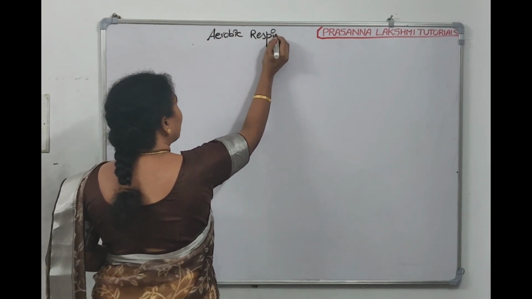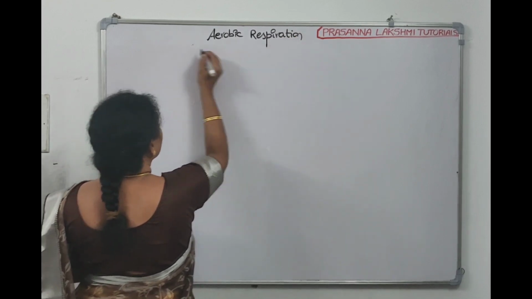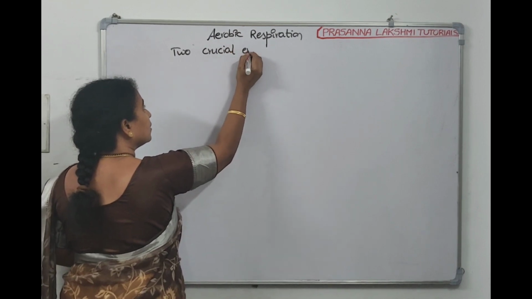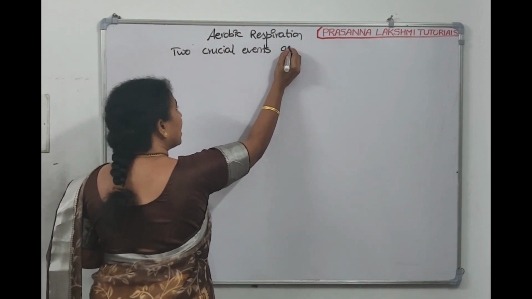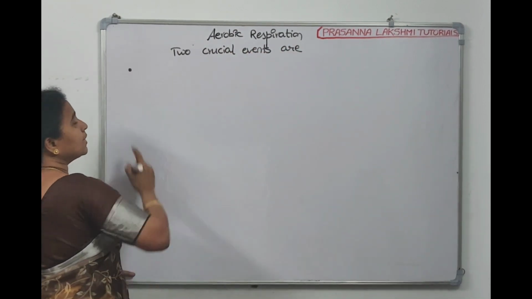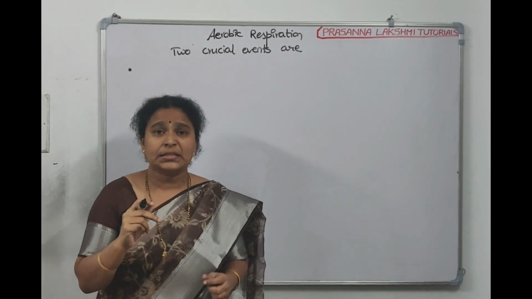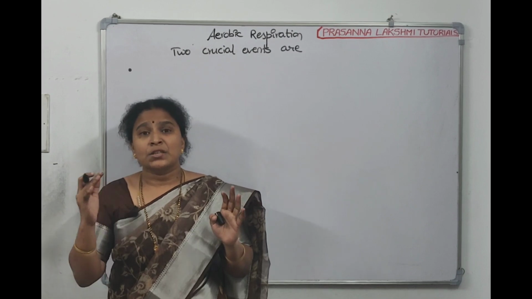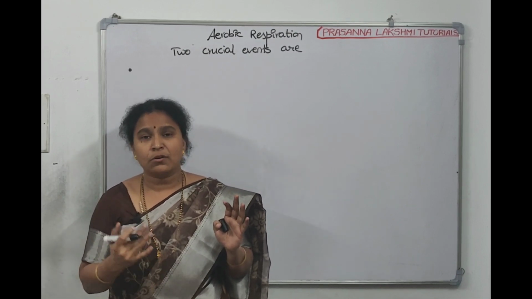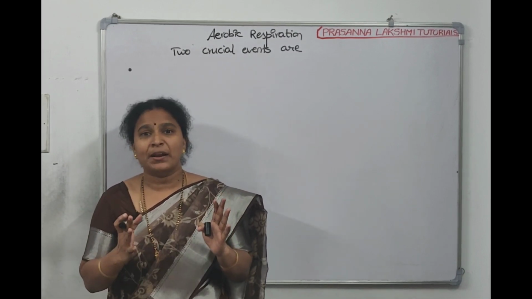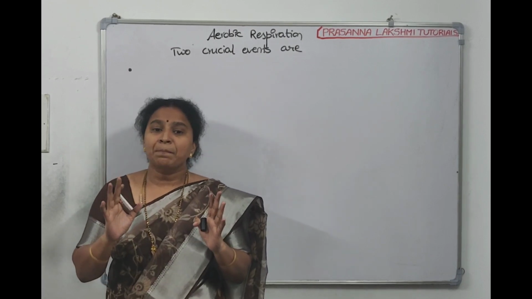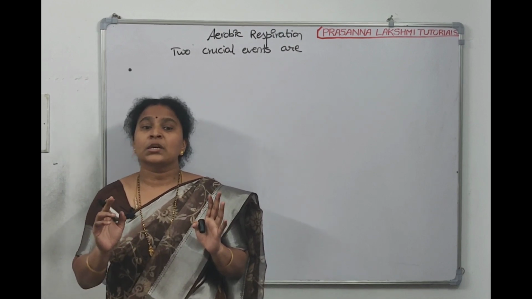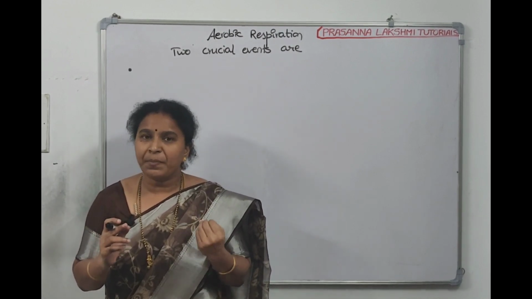In NCERT, the first step of aerobic respiration is complete oxidation of pyruvic acid. Stepwise we remove hydrogens, and when you remove hydrogens, C and O are left out, which is carbon dioxide.